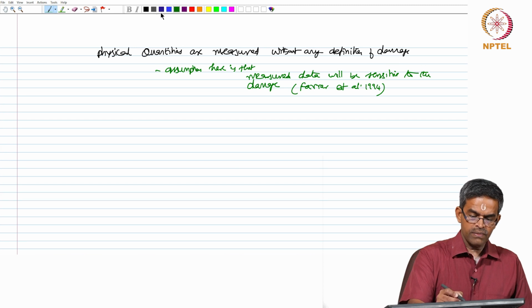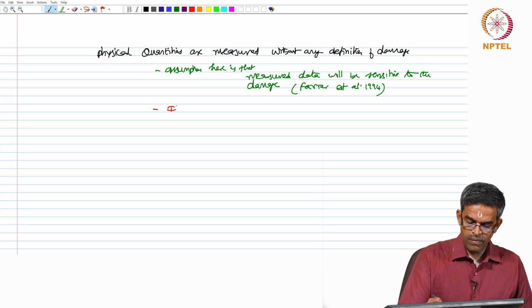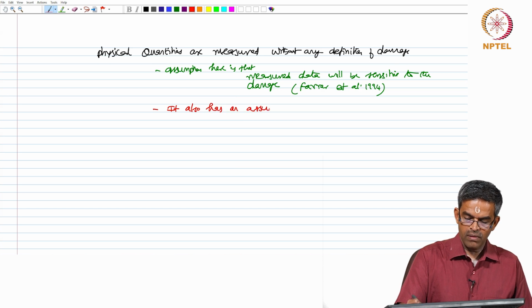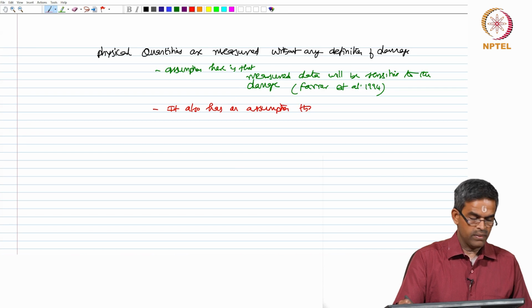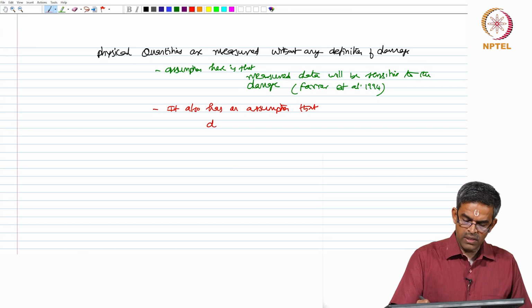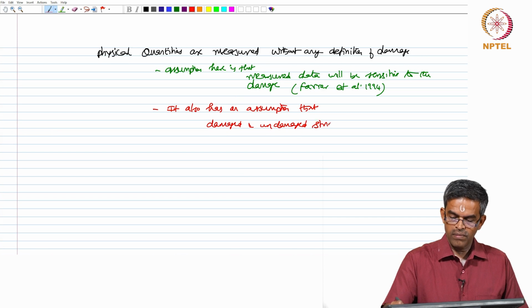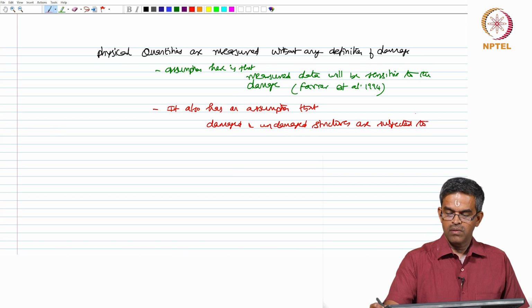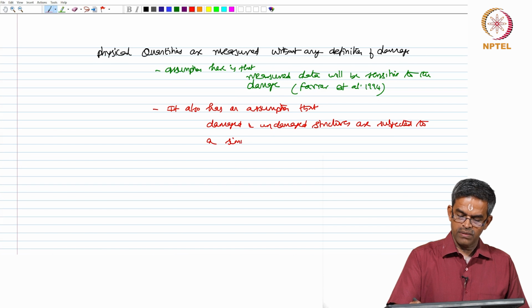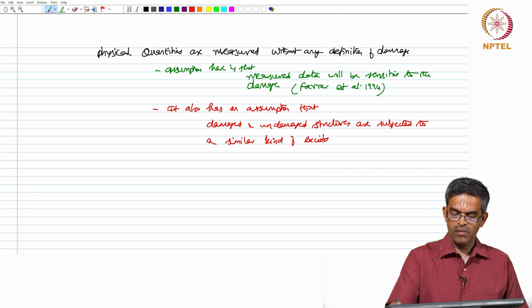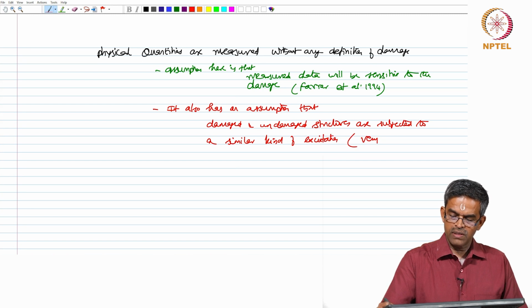It also has an assumption that the damaged and undamaged structures are subjected to a similar kind of excitation, which is a very serious limitation.